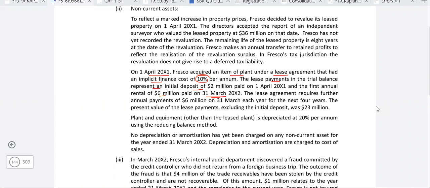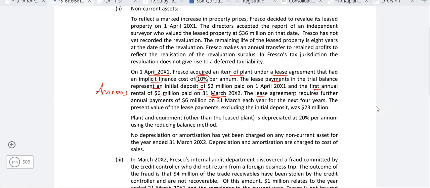Now they have not mentioned in wording whether it's the payment in advance or in arrears, but by date, you can see they entered into the lease agreement on 1st April 20X1, and they made their first annual payment on 31st March 20X2. That means by the end of the year. So this represents lease payment in arrears.